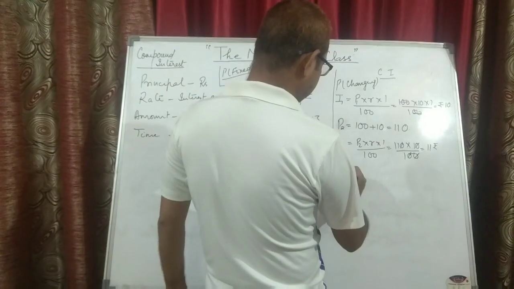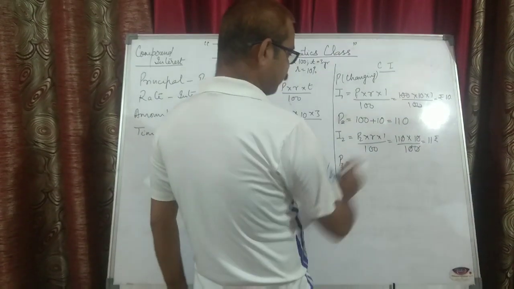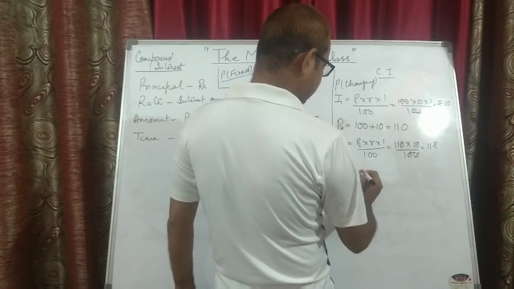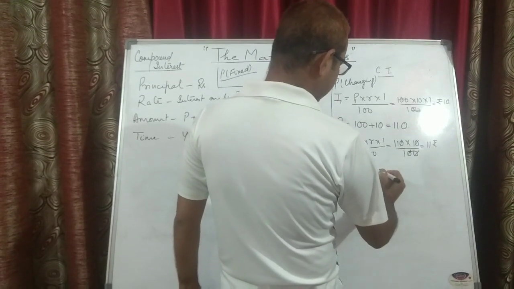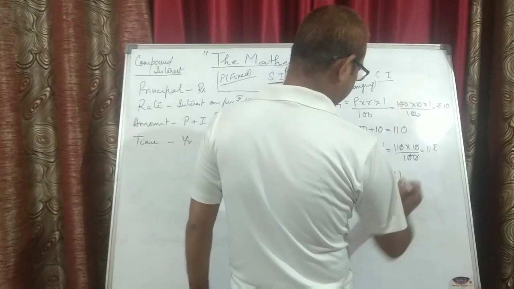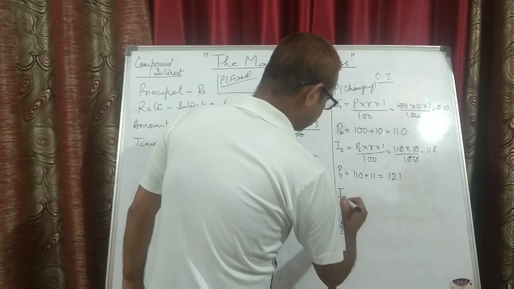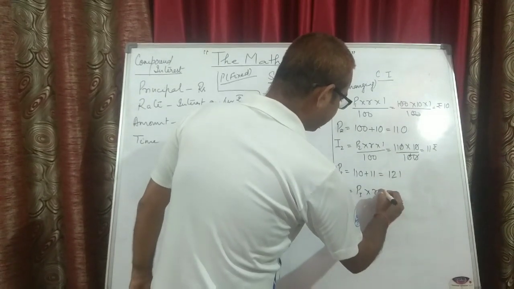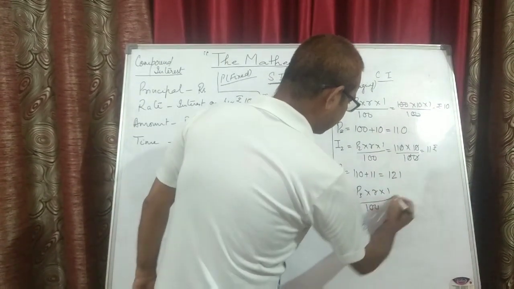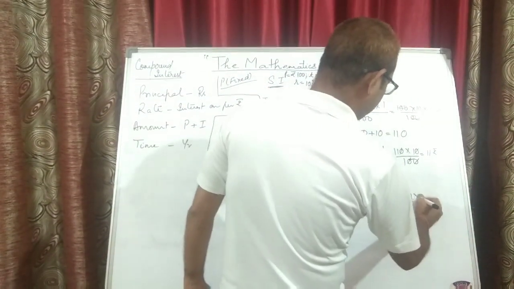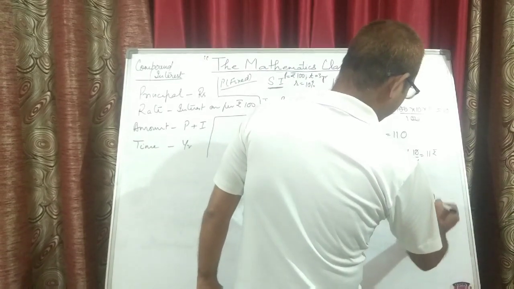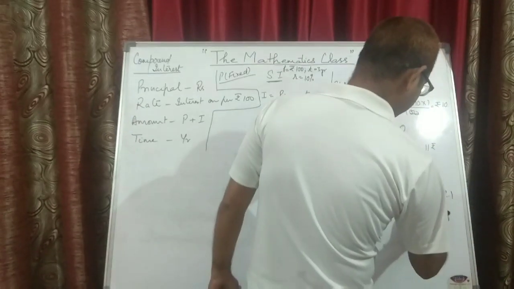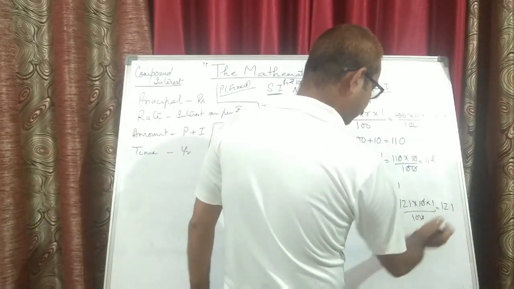Now for the third year, the principal will be previous year's principal plus 11, that is 110 plus 11, it becomes rupees 121. Now interest for the third year will be P3 into R into 1 upon 100, that becomes 121 into 10 into 1 upon 100, that is 12.1.